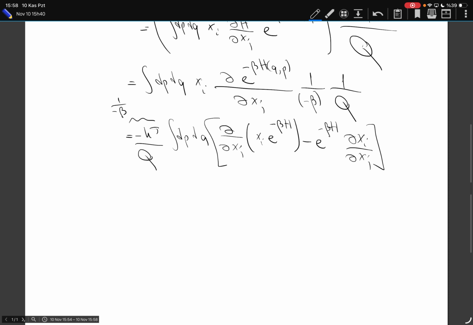Well, this term over here, whatever x_j is, it can be some position coordinate or some momentum coordinate. If I integrate over that coordinate only, it will just give me e to the power minus beta times H when that particular coordinate is at infinities. But that is 0. Infinity will be a very far away distance.